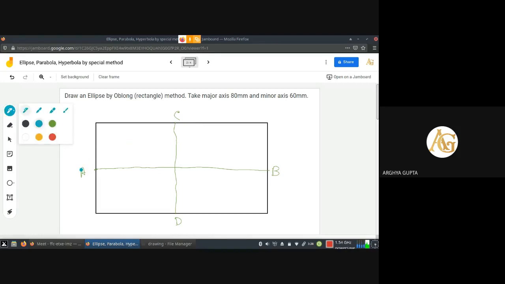Now what we have to do is divide this small line into a number of equal parts. Let us say 4. So divide that smaller line into 4 equal parts.